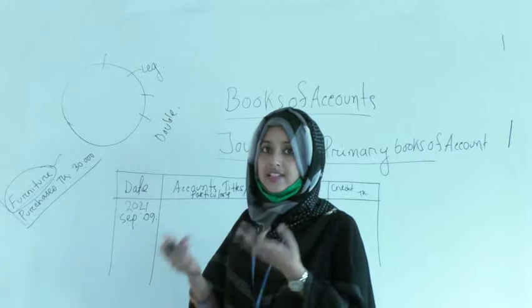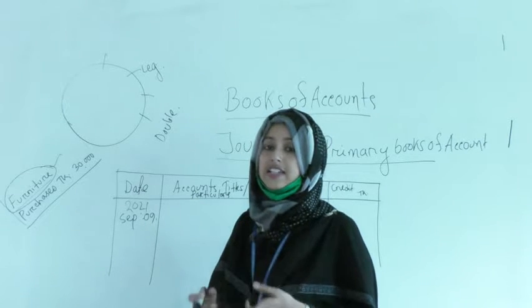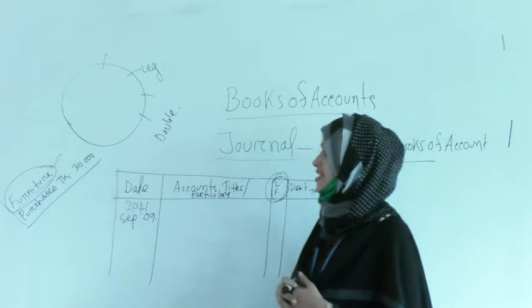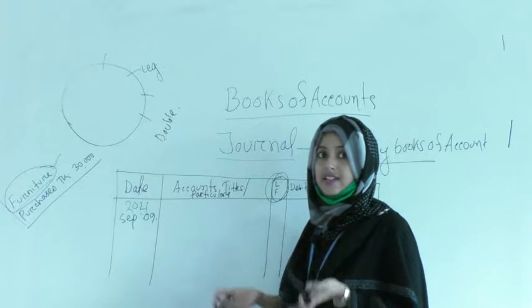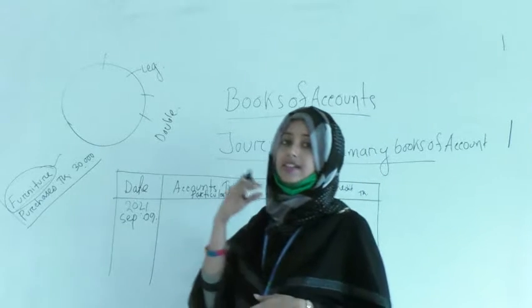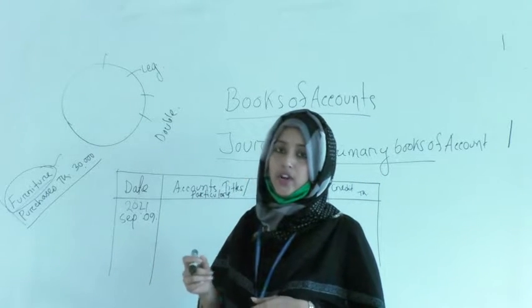When an asset is increased, it is debit. In the accounting equation, it is said if an asset increases, it's debit. If an asset decreases, it's credit. Got the point?